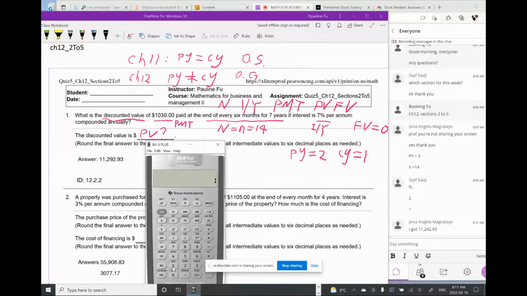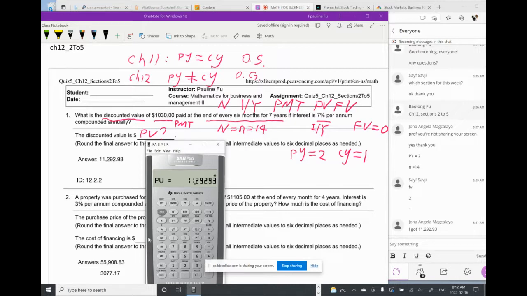And then 14 is term N. 7 is IY. 0 is FV. Final step, compute PV. $11,292.93.